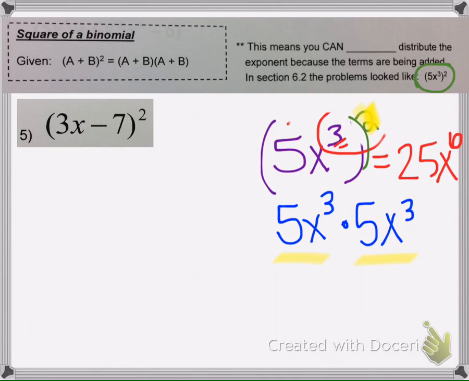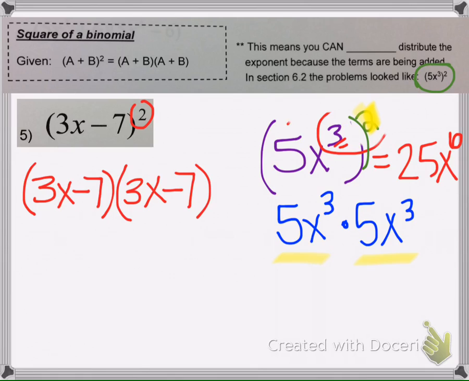Well, that's the same thing with this. The job of this 2 is to tell us that there's 2 3x minus 7s. And then we need to FOIL that. We need to multiply that. Over here, we were able to just distribute the exponent of a 2 because there was just a monomial, one thing, inside. This has 2. So you are not allowed to just distribute this exponent of a 2. You have to write it out twice like this.